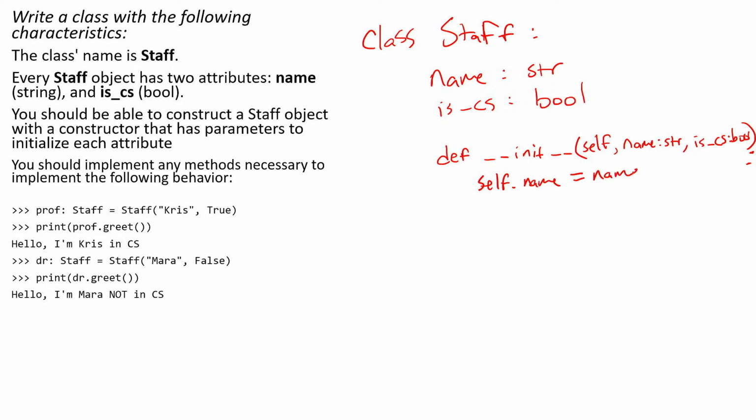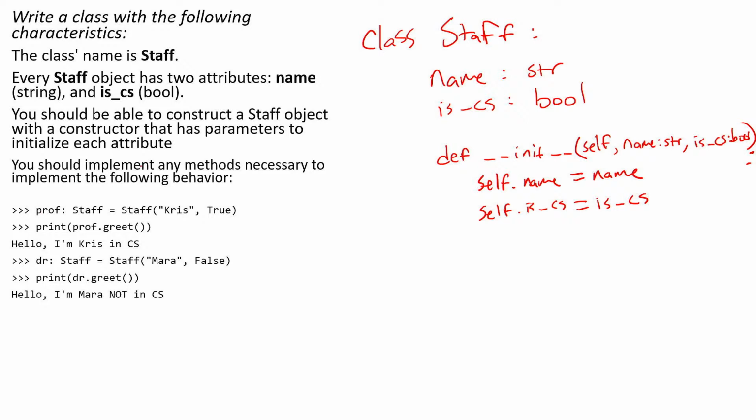This is our classic pattern here, and self.isCS is assigned isCS. We don't need a return statement. We're sort of good to go here. So this is our constructor. It gives us the ability to set up these attributes and initialize an object with these two parameters.